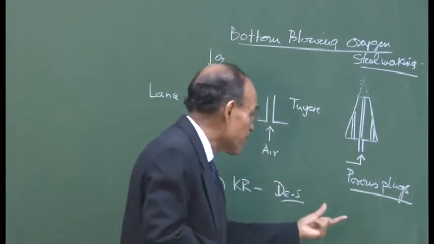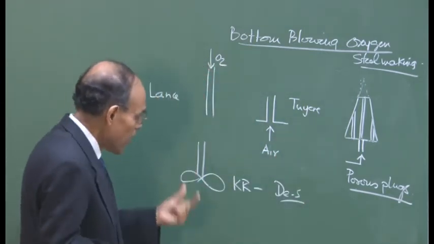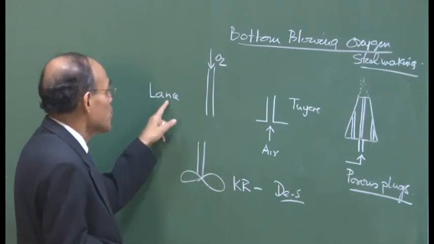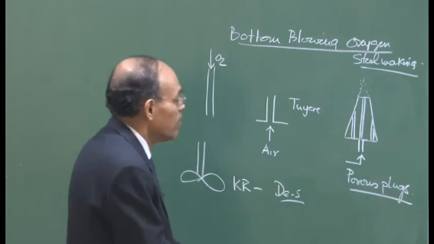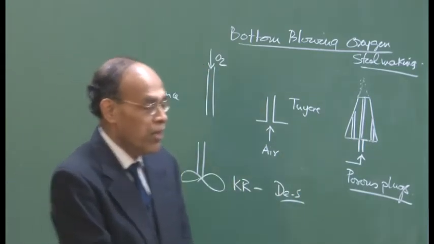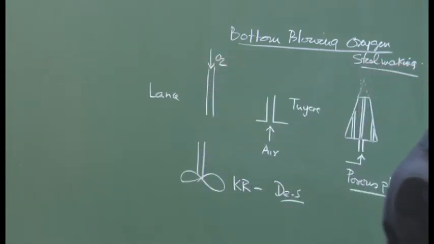But as I said, when a large volume of gas is to be introduced, we will use a lance and a tuyere. For a small volume of gas we will use porous plugs. These are artifacts which will require periodic replacement or refurbishing, and therefore they are to be treated as consumable items in the whole process.